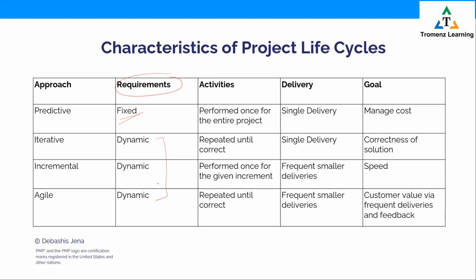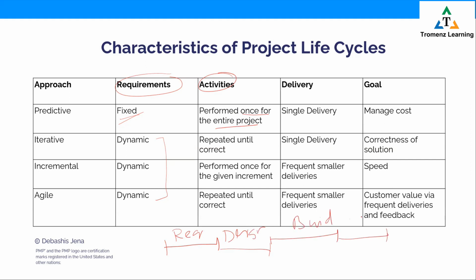So that's why. Next, look at these activities. In predictive, we are saying activities are performed once for the entire project. By activities, I mean in predictive you would do requirement first. Once requirement is done, you go and design the product. Once design is done, you go and build it.